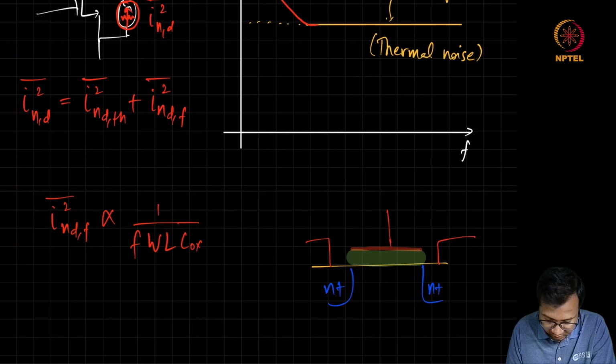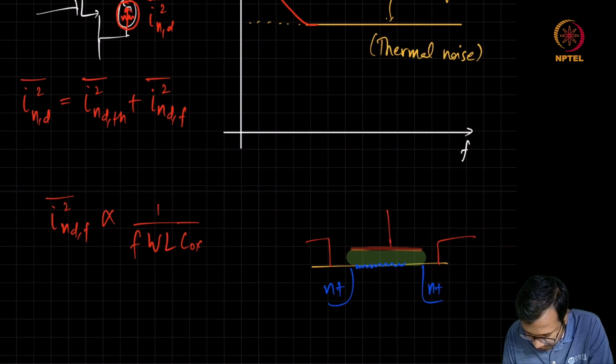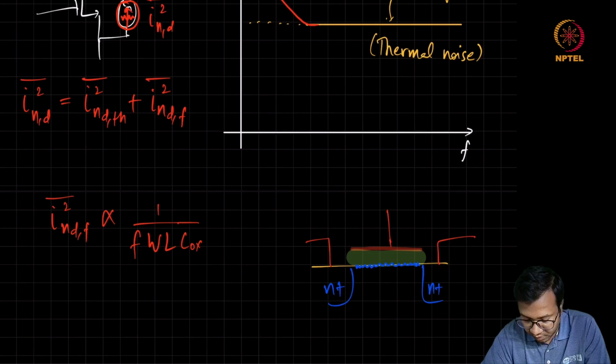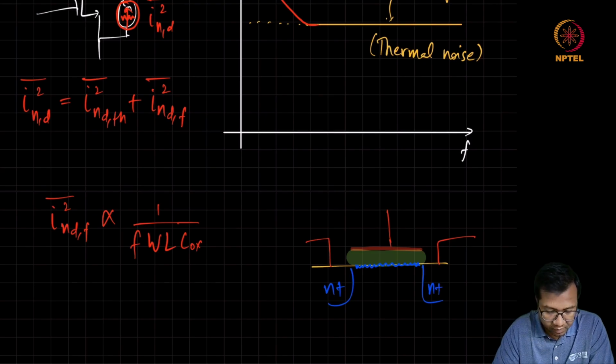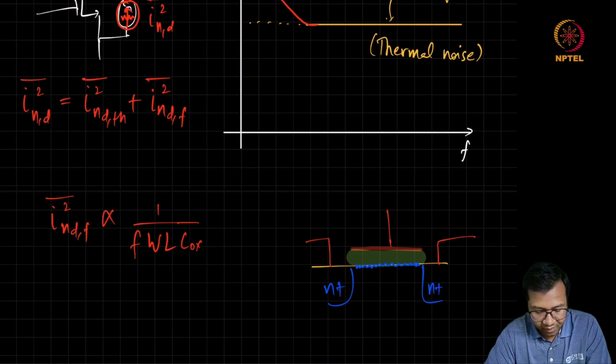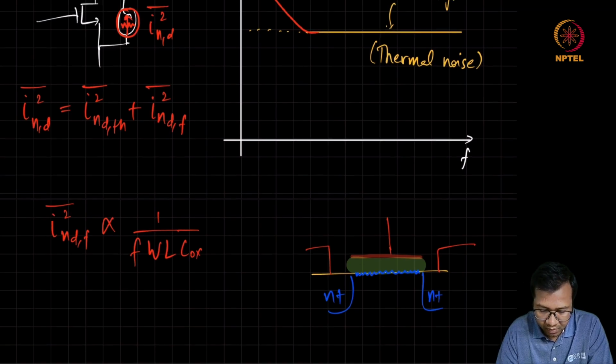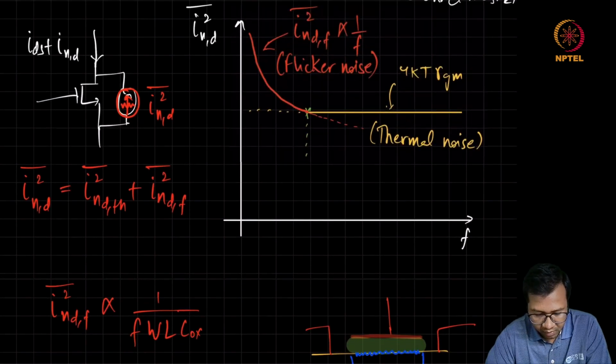This interface, which is present between the substrate and the oxide, has many defects. Because of these defects, when electrons or holes are flowing in this channel, randomly they get trapped and then released. So because of this random trap and release phenomenon, we see fluctuation in the drain current, and this noise has a 1/f kind of frequency response.